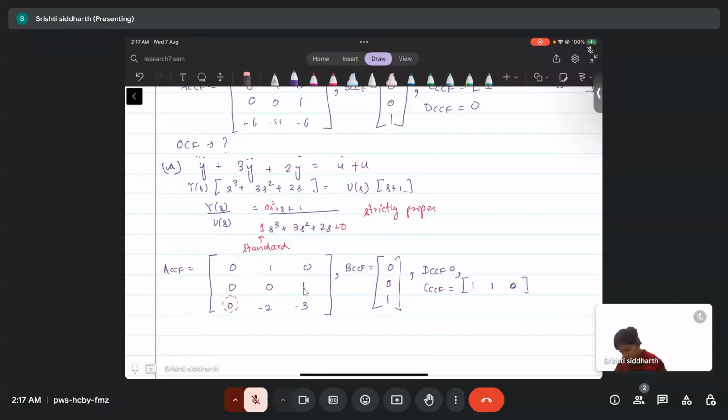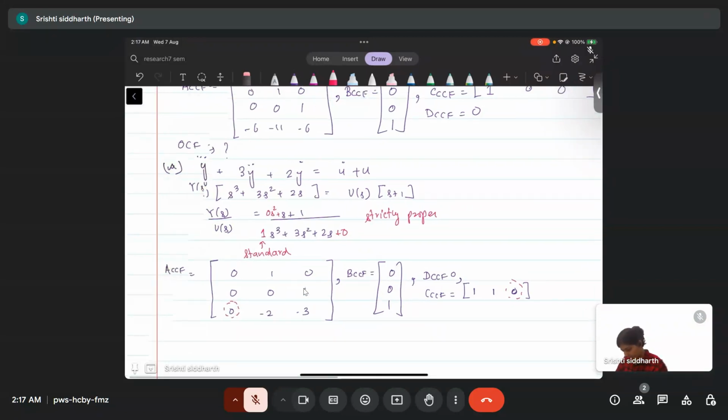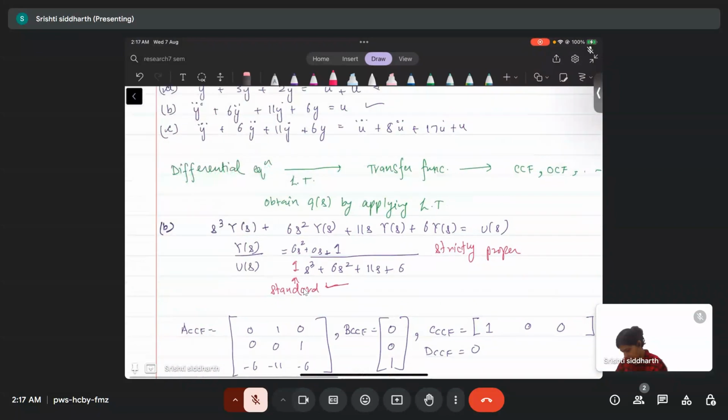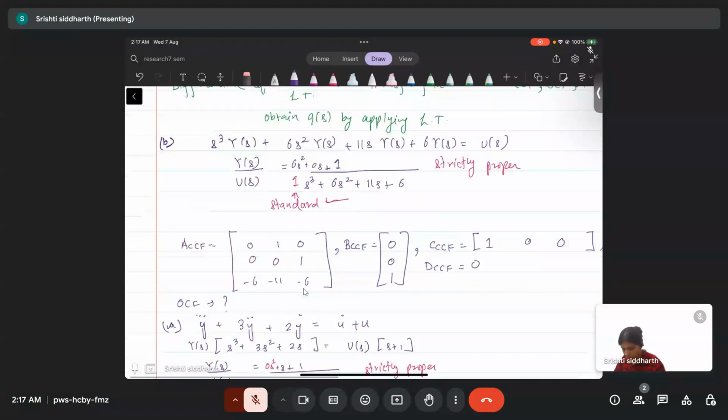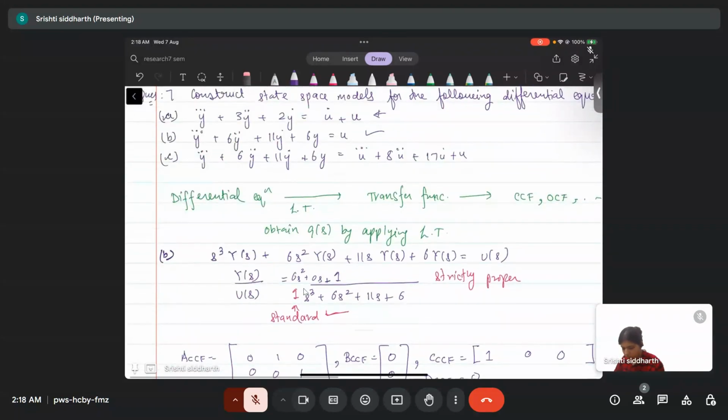We have to take care of this term in the C vector. Okay, now let's look at the most complex case. We have part C, where there are also third order derivatives of the input u, and you can just see that this is going to be a proper transfer function. Let's just rewrite this.